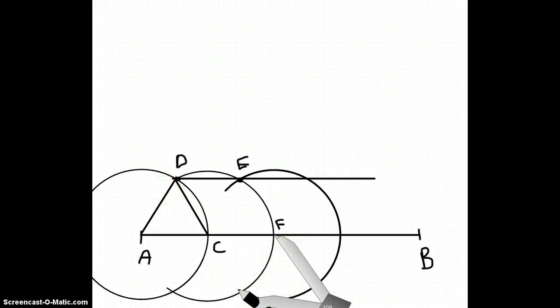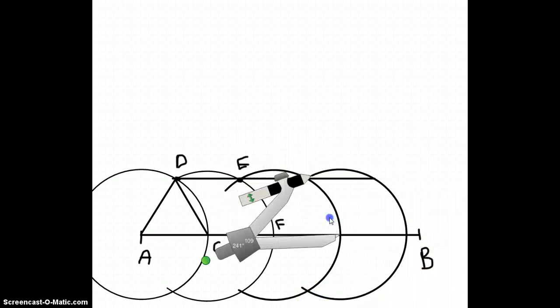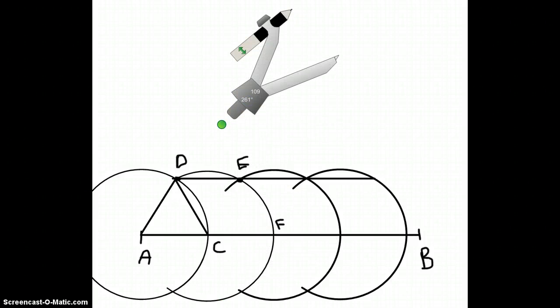And if I were to take this over, if we wanted to test, we could put our compass once again on the point here, and we can create another arc, and not surprisingly, our arc goes right through this point here, and we could label that point G. So let's put point G in there.